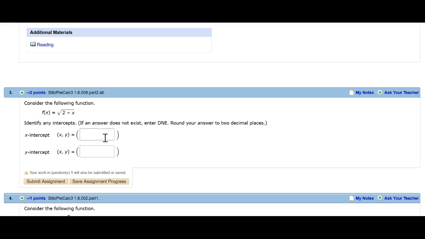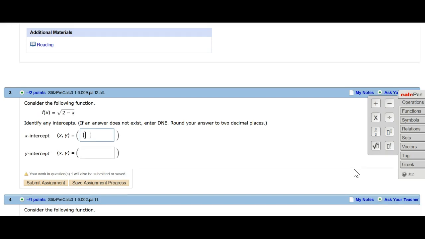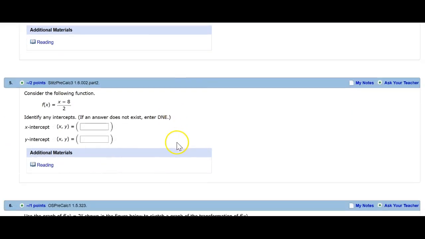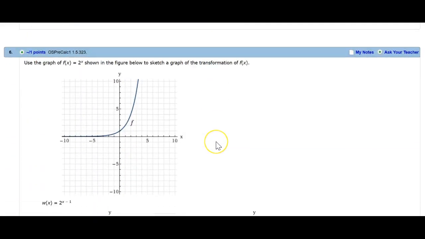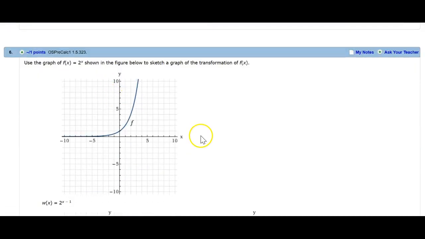So you want to pay attention to that. You would want to put your answer like that, not like that. For this assignment, it looks like that's the majority of the questions, either asking for points or intervals.